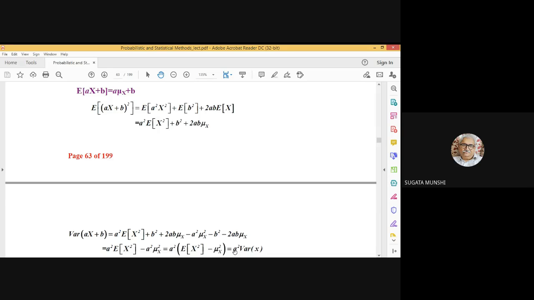So it is simply a square variance of x. So just see here that this offset term, the constant b, has no effect on the variance. It has influence on the expectation, but it has no effect on the variance. That's because we are considering the centered random variable, and in the process, the effect of b has been nullified.